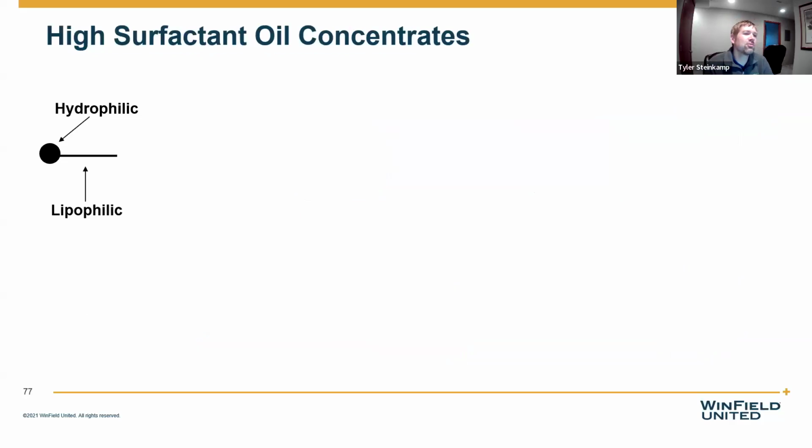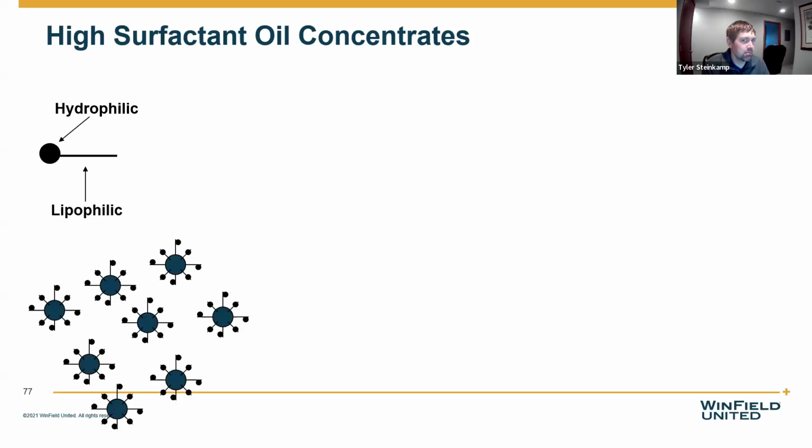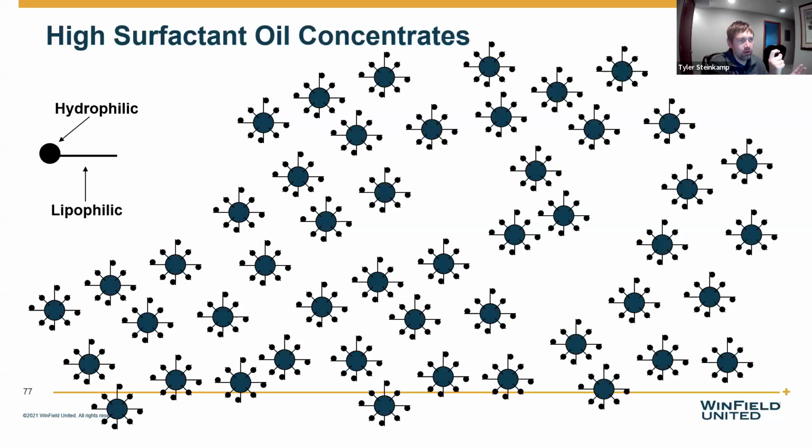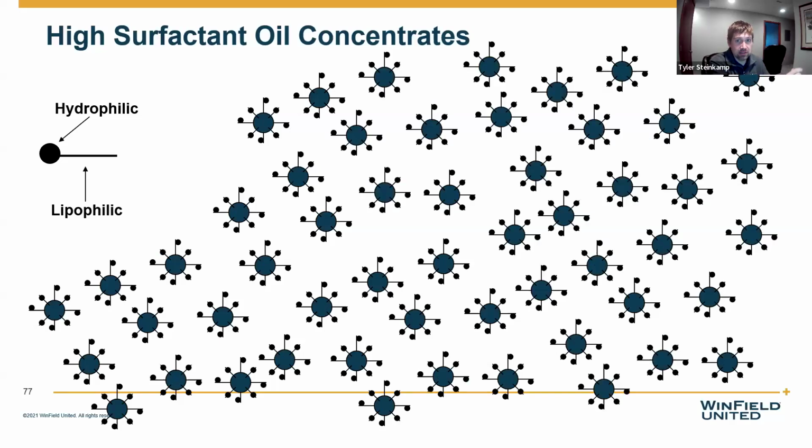With a high surfactant oil, it's the same kind of concept, but now you have a bunch of these little individual oil globules, this oil emulsion. What we end up with are all these smaller, really tiny droplets of oil.